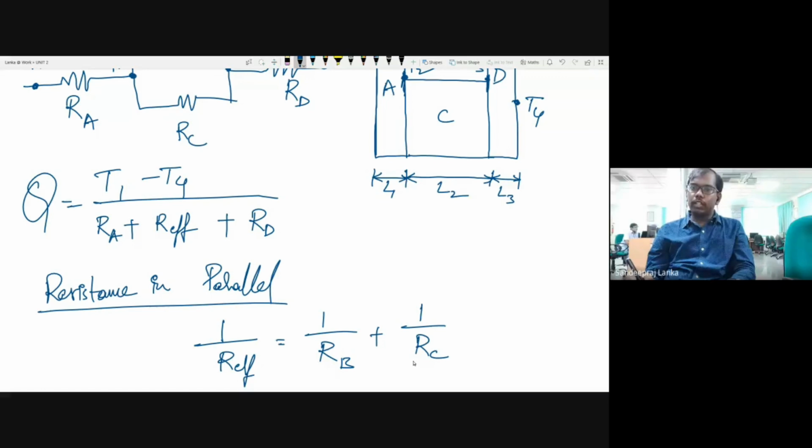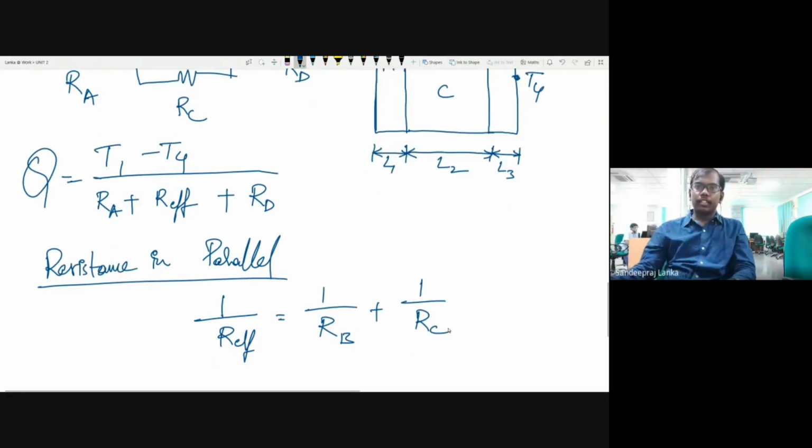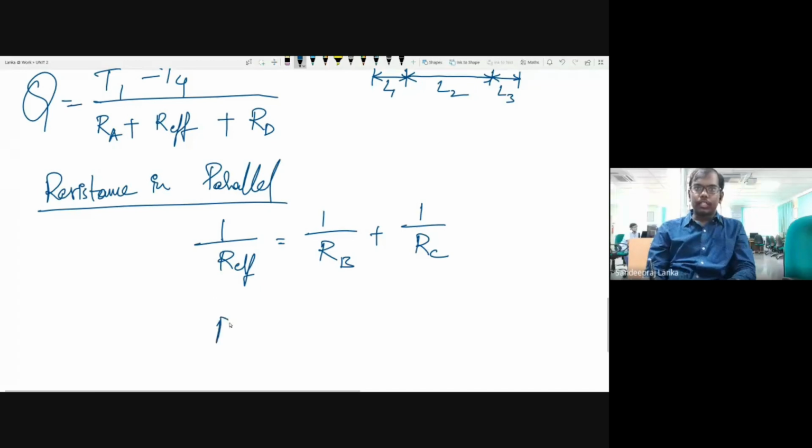So this is what you will do. This is what you do in your electrical circuit. The same thing you are doing here. So R effective will be equal to RB into RC by RB plus RC. So this is how you will get this.